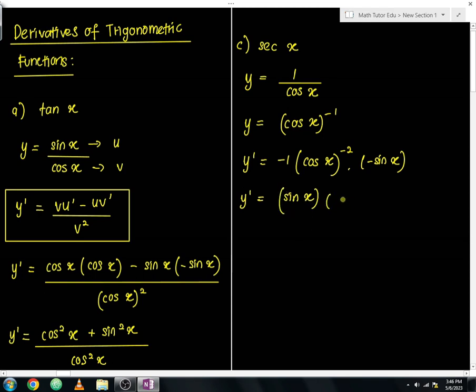And then times cos x to the power of negative 2. So let us change it back into the fraction form. Sine x will be divided by cos square x. You can write it in this form.